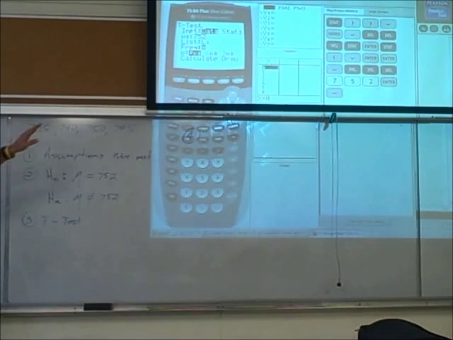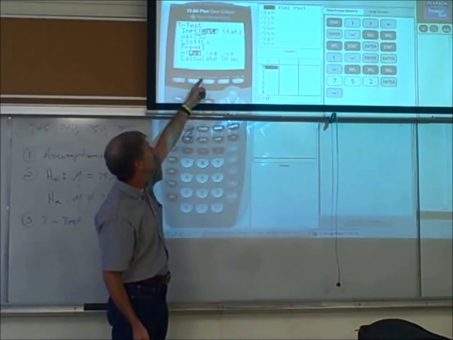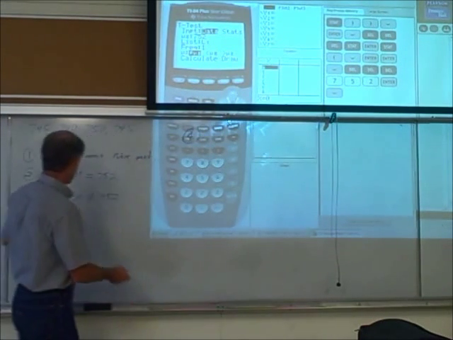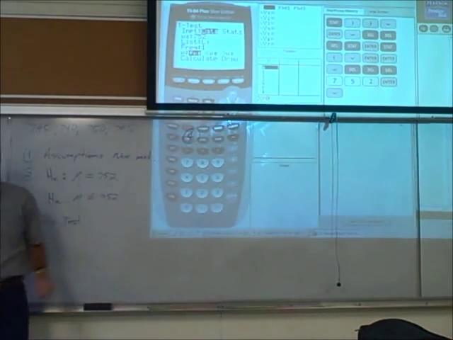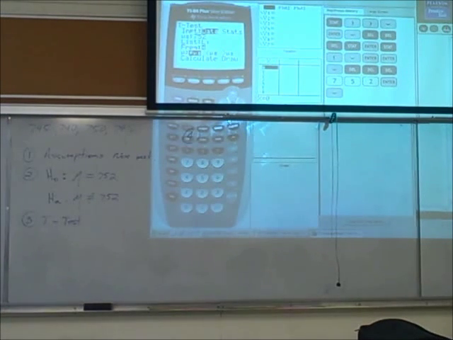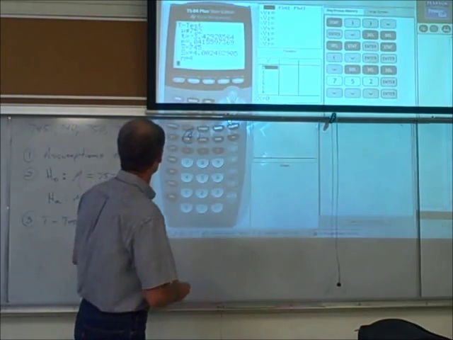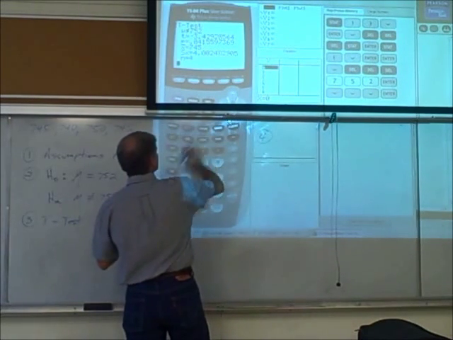The next line is you're picking what your alternative is. So mu is not equal to mu0, or mu is less than mu0, or greater than. And so you just match what you wrote in your alternative hypothesis. So we use the not equal symbol, pick the not equal symbol, and go down to calculate. So it tells me that in step number 4, so I'll move over here to where it's clear.